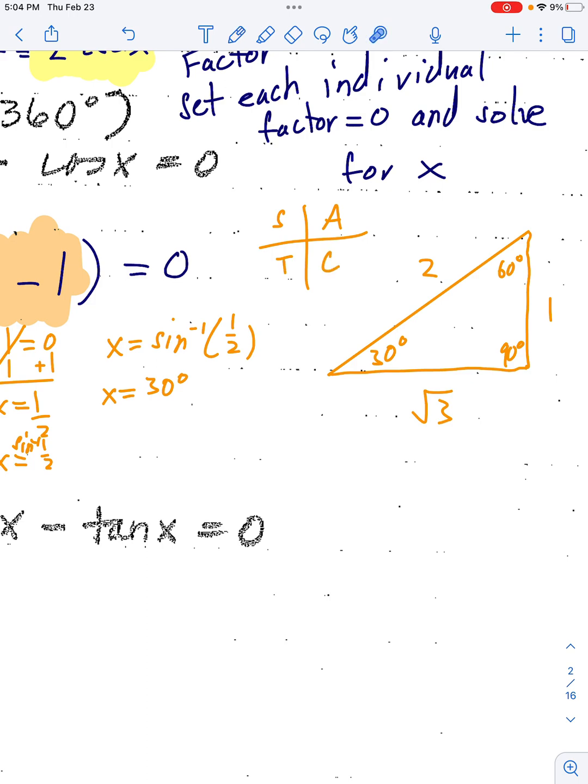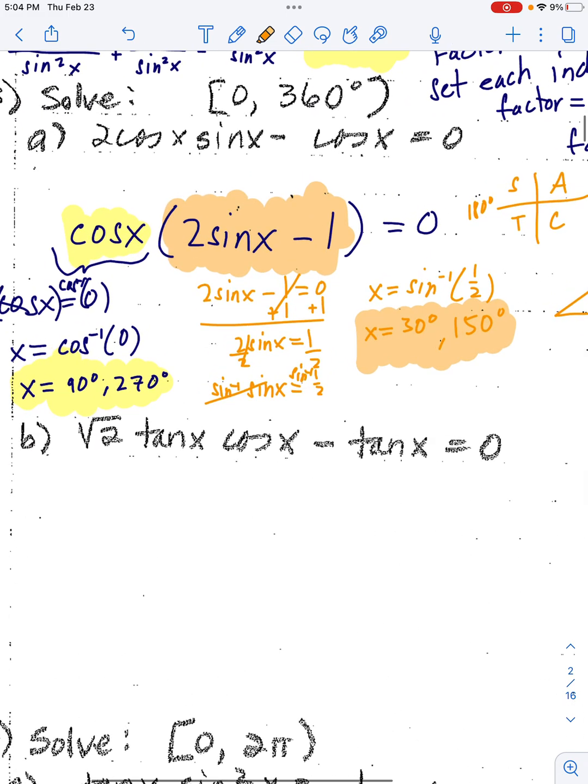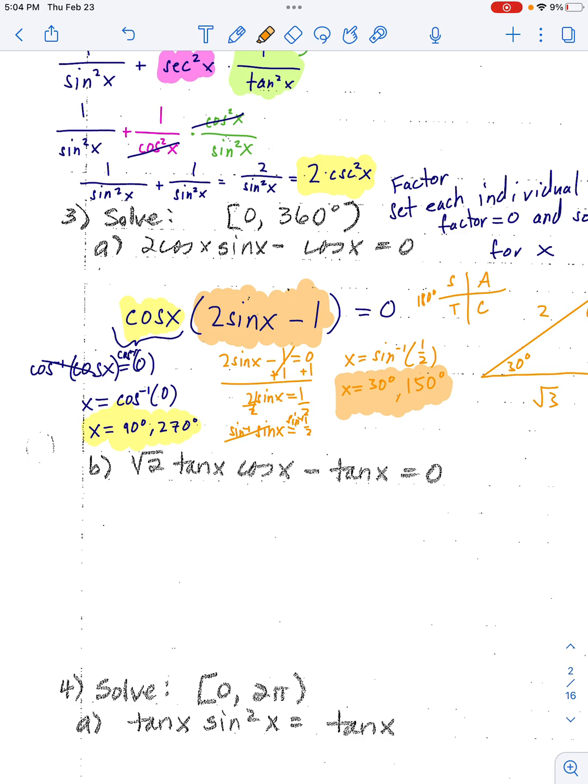There's also going to be an angle with a sine of positive 1/2 in the S quadrant, and I get that. So 30 is going to be my reference angle, okay? So I'm going to do 180 degrees minus 30. That's going to give me 150 degrees. There you go. So those are your 4 angles that are going to solve this equation. Okay.